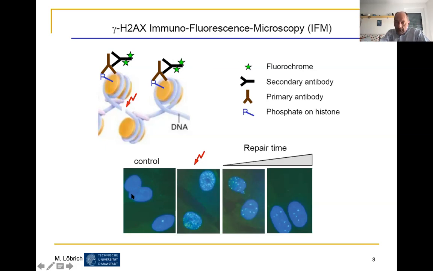This is a nucleus of a cell stained in DAPI, which is a blue fluorescent stain that binds all the DNA. And then you see these green points after radiation. Each one of these green points represents a DNA double-strand break. And then if you wait, you see that these green points disappear because the DNA double-strand breaks are repaired.